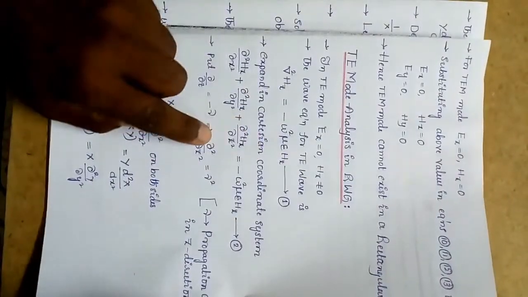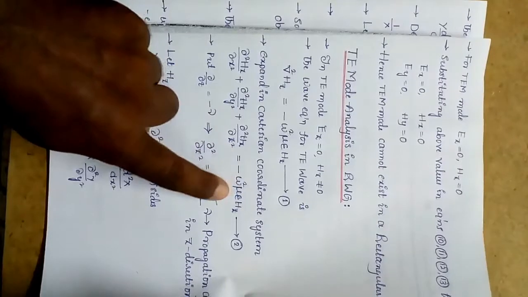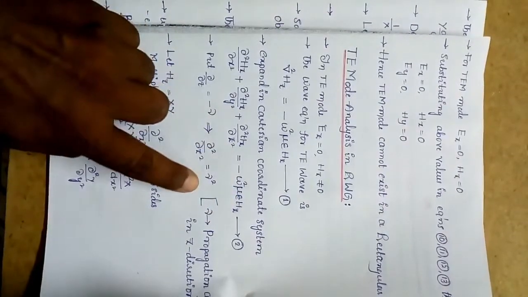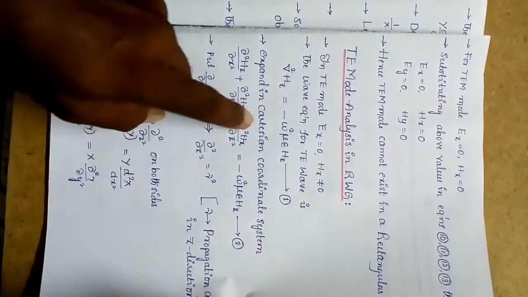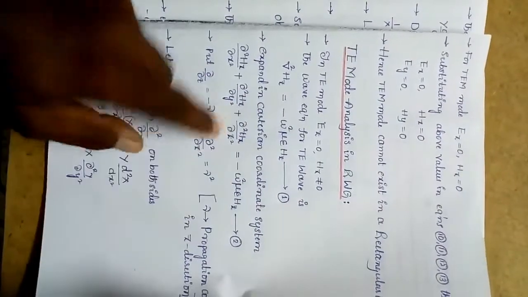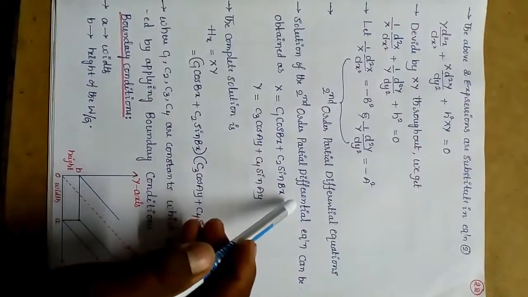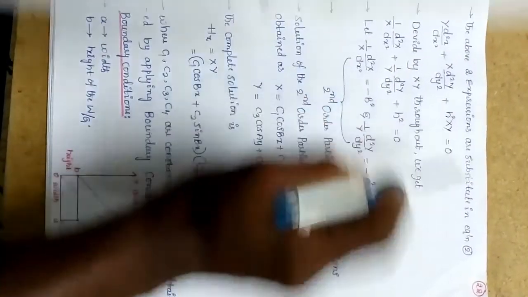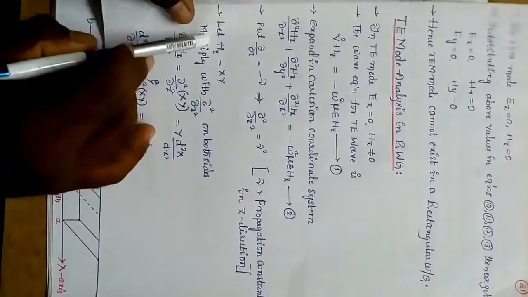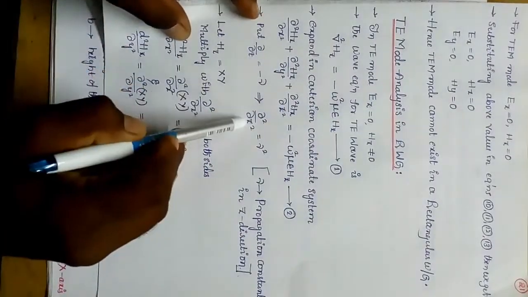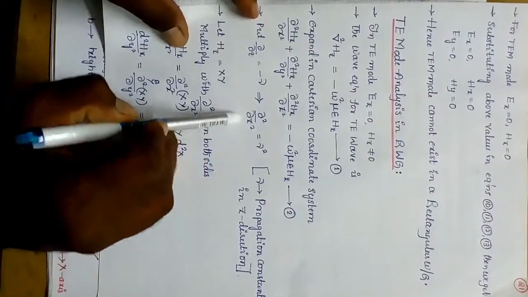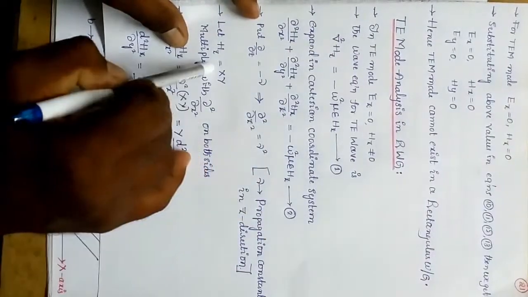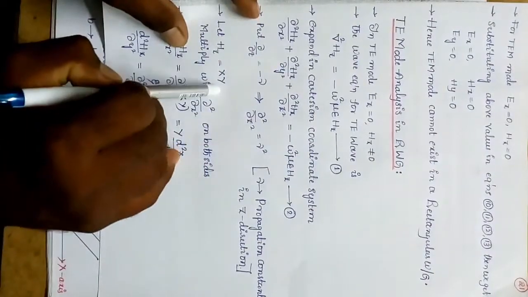Next, here you see del square h by del z square, and that should be equal to minus omega square. Already del square by del z square is equal to gamma square, so gamma square into hz plus this term. In this we are already getting h square into xy. Here hz is equal to xy, so del square by del z square of hz is gamma square into xy.